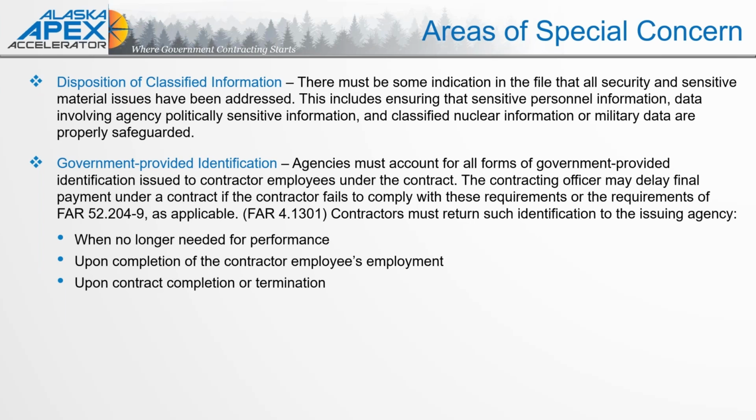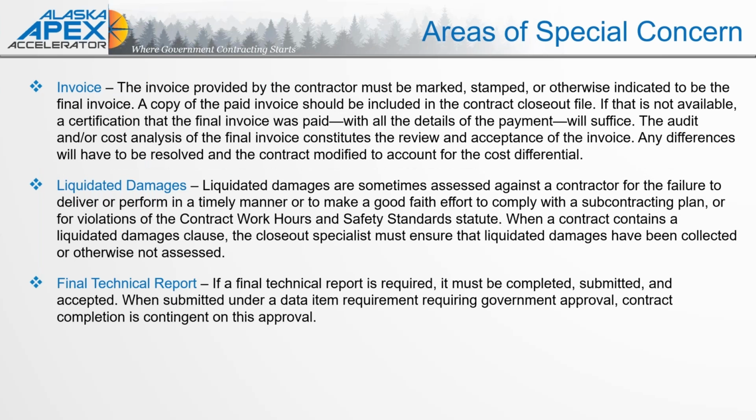All right. So areas of special concern continued: the disposition of classified information, and of course government provided identification such as base IDs, security clearances, etc. Continuing areas of special concern: invoice, liquidated damages, and final technical report.